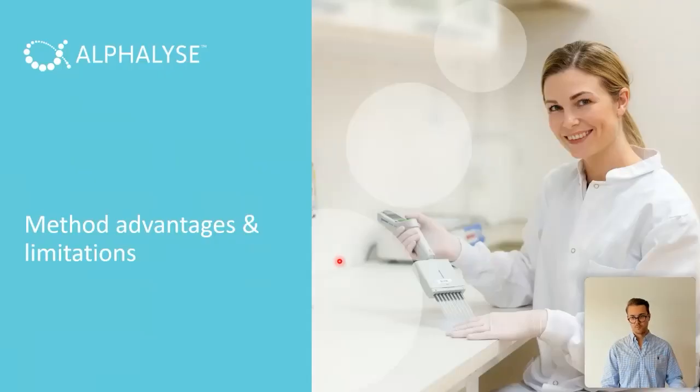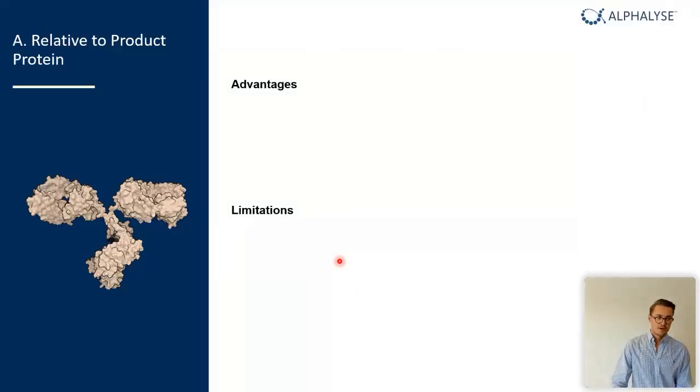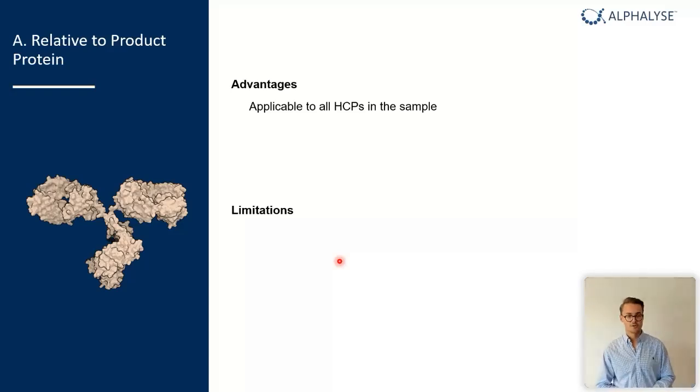So what should you consider when choosing which method to use for your biologics project? Relative to product protein method A, it has some quite specific advantages. Overall, it's applicable to all host cell proteins in the sample, so it's not bound to any specific host cell protein, which makes it quite desirable.